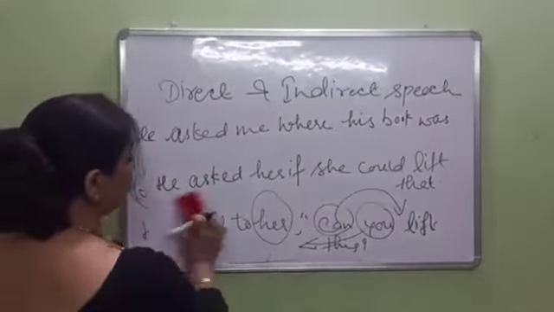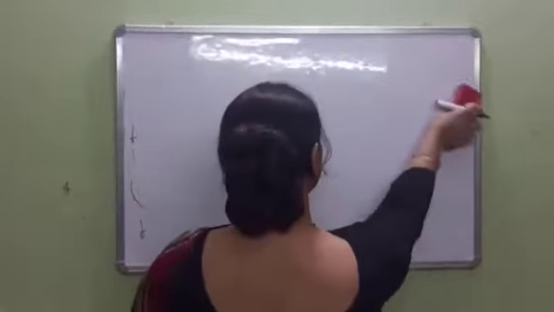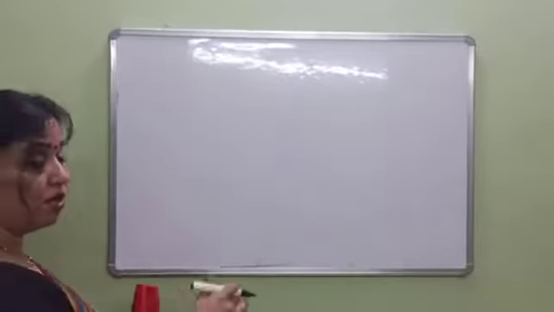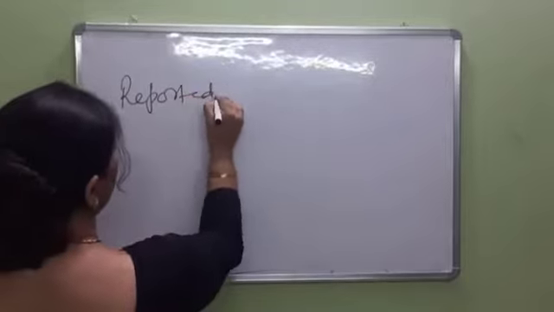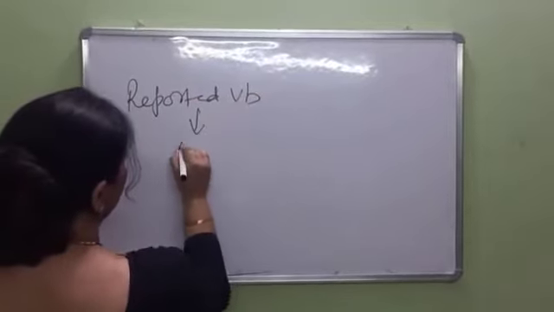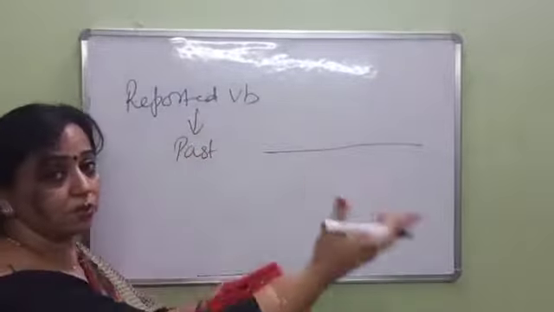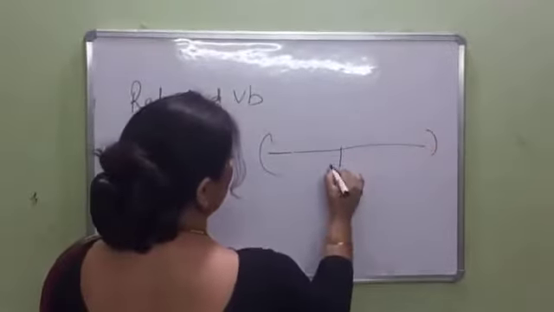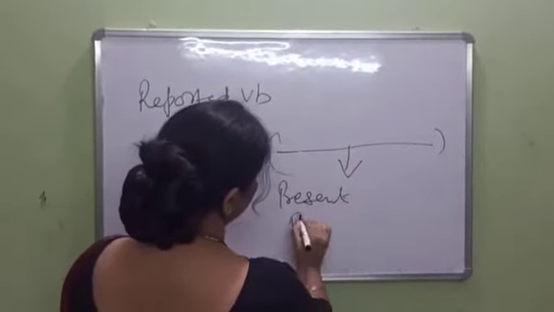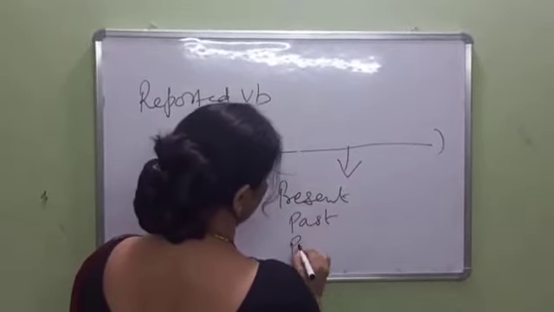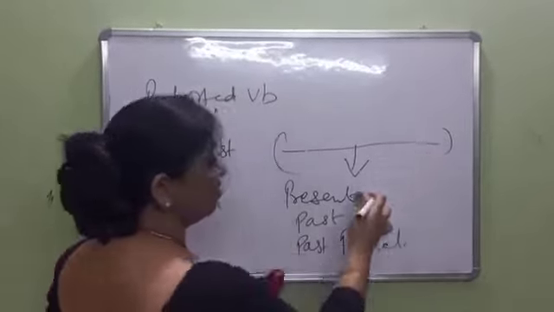So I will just sum up what we have done today in this one session on direct and indirect speech. First of all, if your reporting verb is in past tense, then only the changes are going to happen in reported speech. If the speech is in present tense, it will become past, past will become past perfect. That would be the changes here.